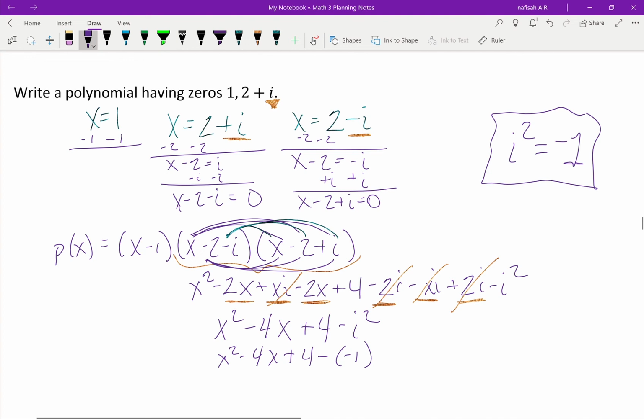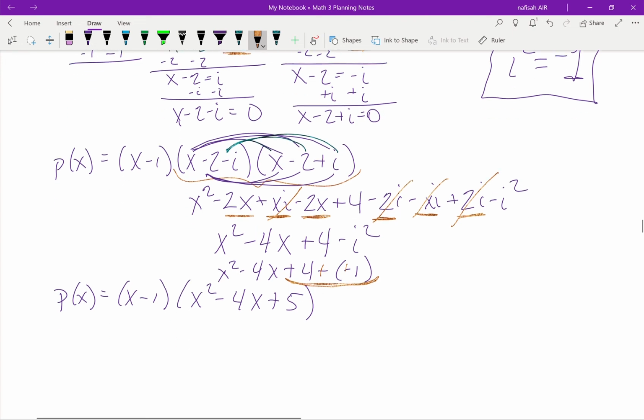So it's really 4 plus 1. So then what I have so far is that my polynomial will be x minus 1 times x squared minus 4x plus 5, because I had 4 plus 1 here, because those change into positives.